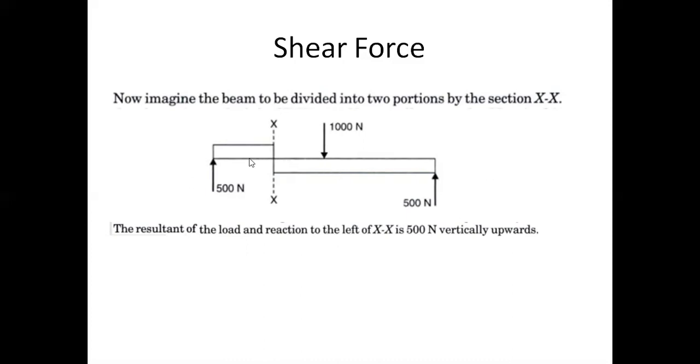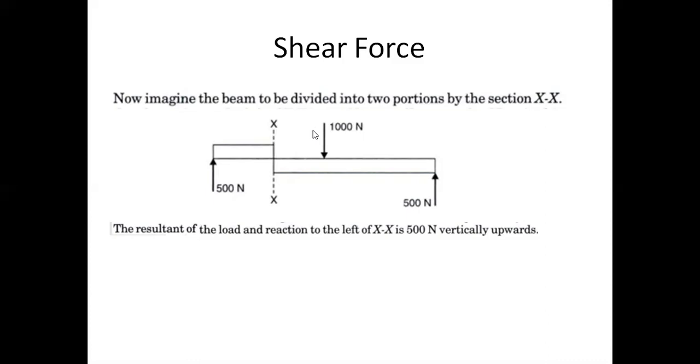If you take the left hand side, what will be the resultant load? There is only one load to the left of this XX section, that is 500 newtons vertically upwards. Since it is a single force, it is itself the resultant. The resultant will be 500 newtons in the vertical upward direction. That is the resultant load of the reaction to the left of XX.